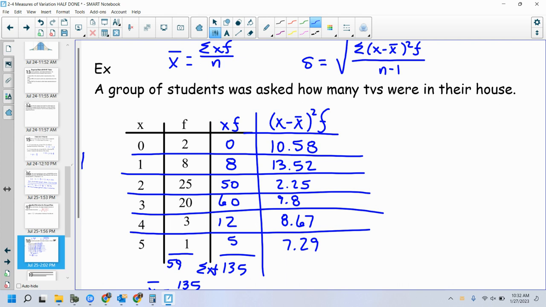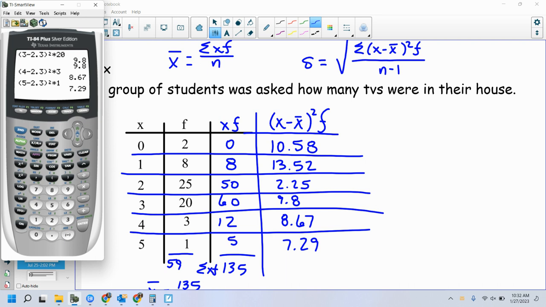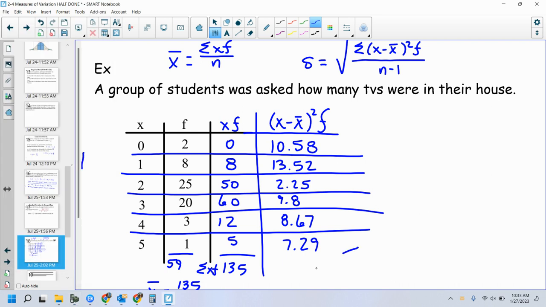So I add all this together, and this is going to be my numerator underneath my square root. So I've got 10.58, 13.52, 2.25, 9.8, 8.67, and 7.29. Just double check. 10.58, 13.52, 2.25, 9.8. 52.11.